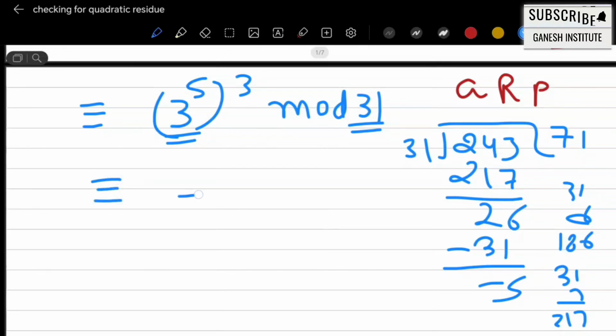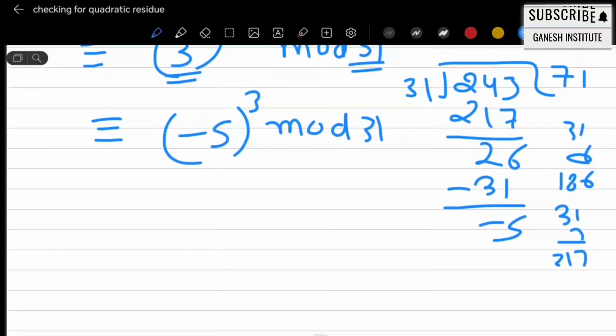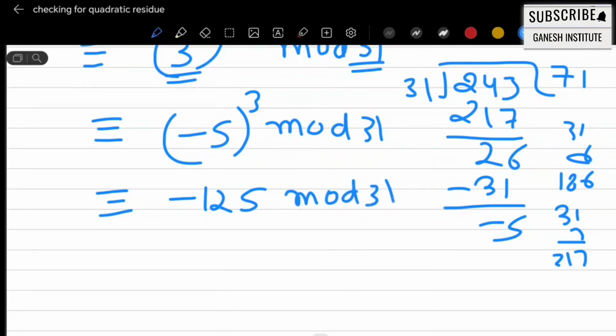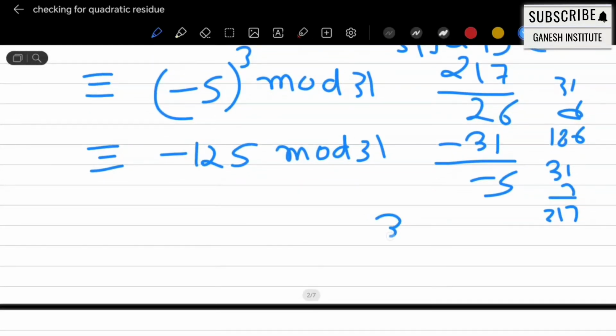So that means my remainder is minus 5 raised to power 3 modulo 31. This is also one way of solving the modulo. Next is minus 125, since 5 cube is 125, modulo 31. Let's divide it: 31 is the divisor, this is the dividend.